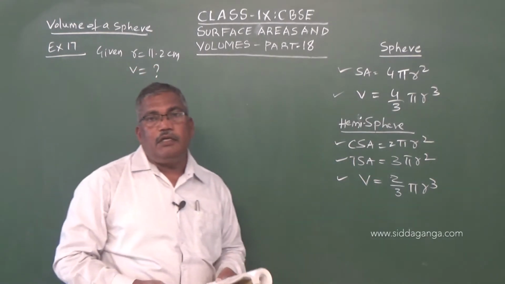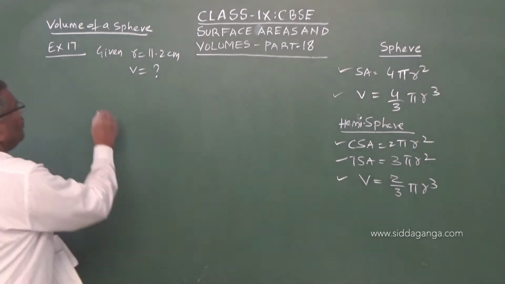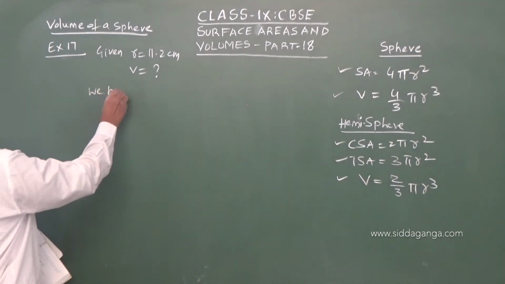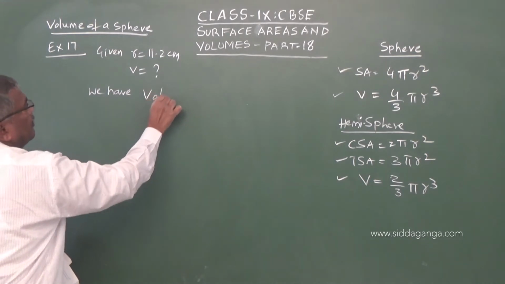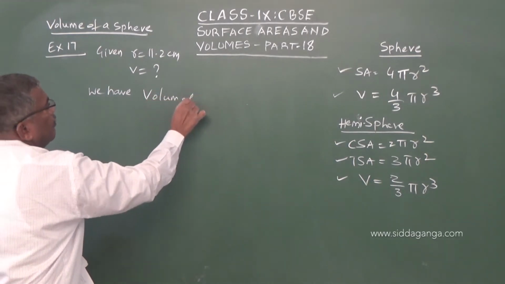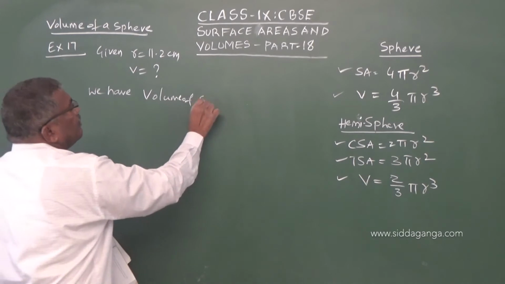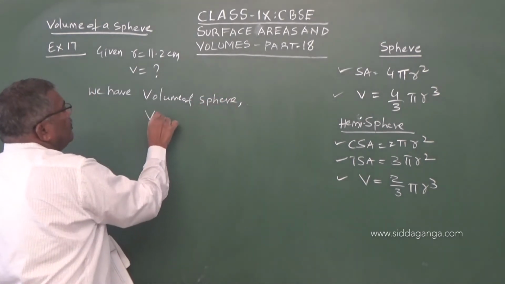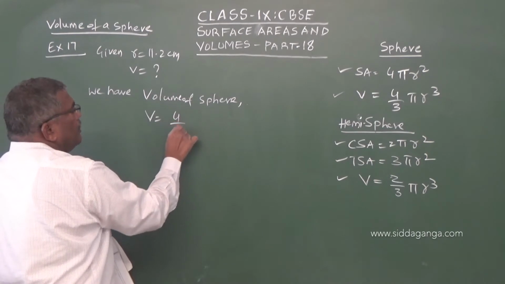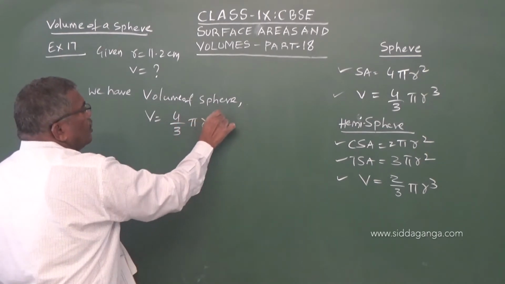It's a simple question. We have this relation, volume of sphere V is equal to 4 by 3 pi r cube.